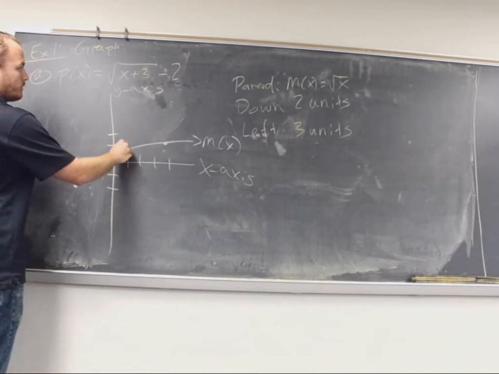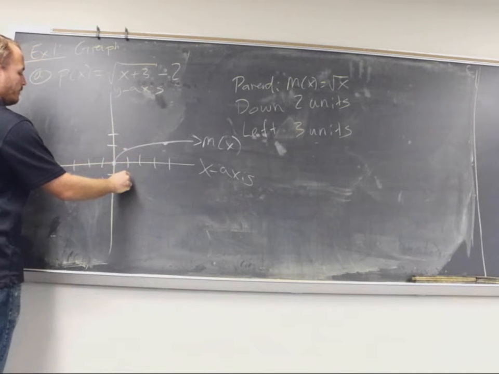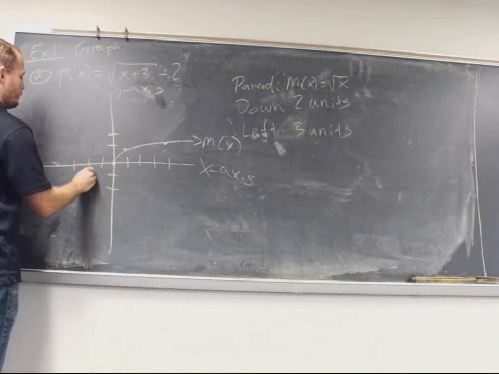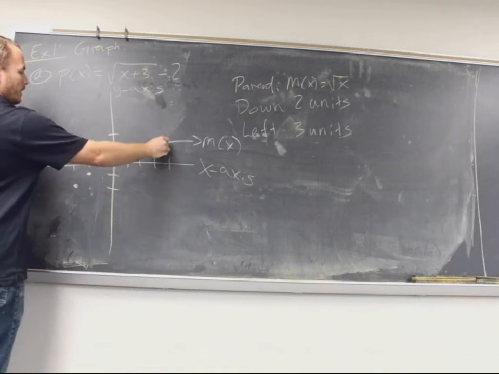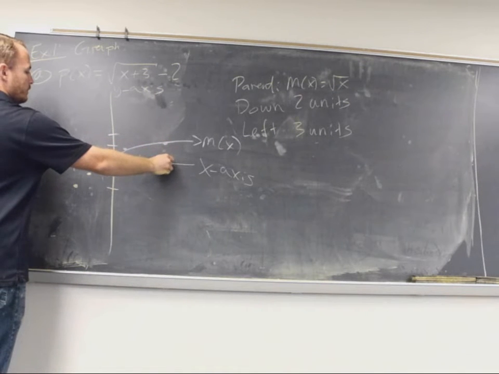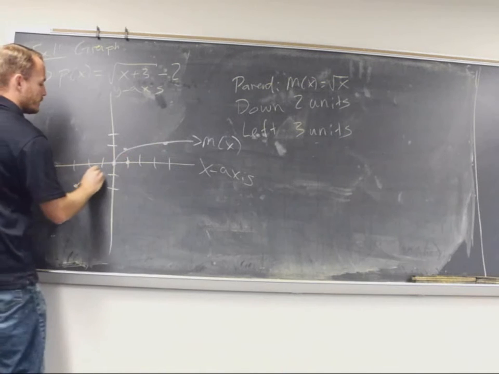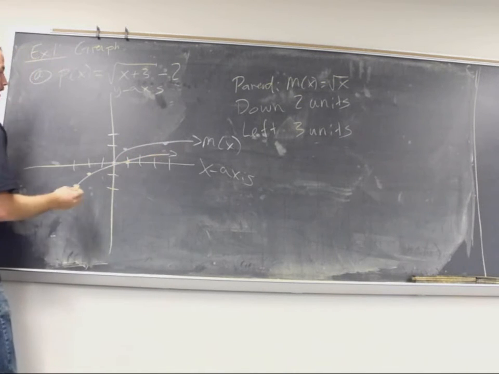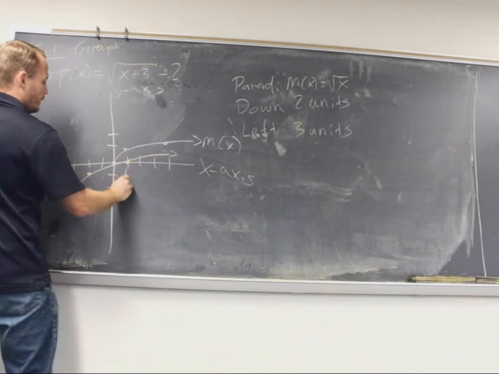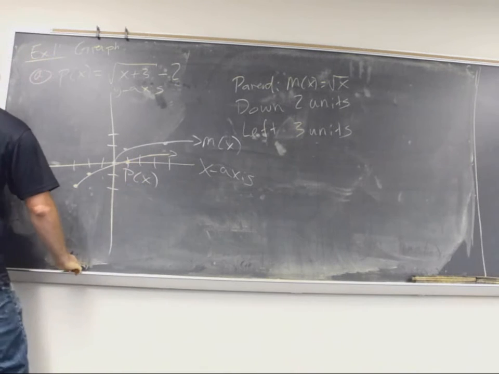Down 2, 1, 2, and left 3: 1, 2, 3. So now you just connect the dots, and here is your new function, p of x.